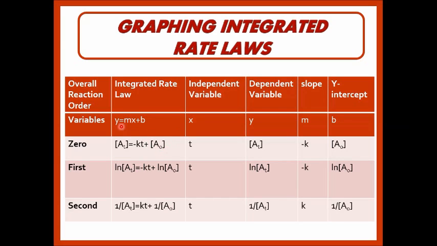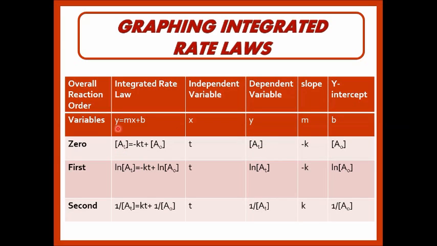Now if we compare these factors to y equals mx plus b, we can see that x is going to be analogous to t, and that's actually going to be true for all of our different order reactions. So always on the x-axis we will have time. In the case of our zero order reaction, our y is going to be equal to the concentration of our reactant at a certain time.